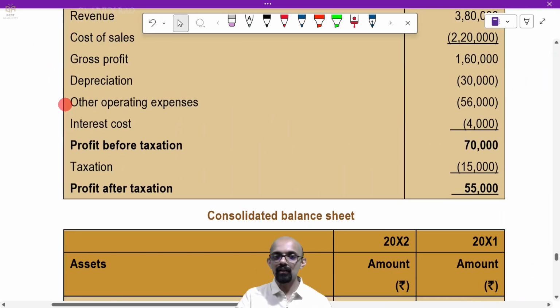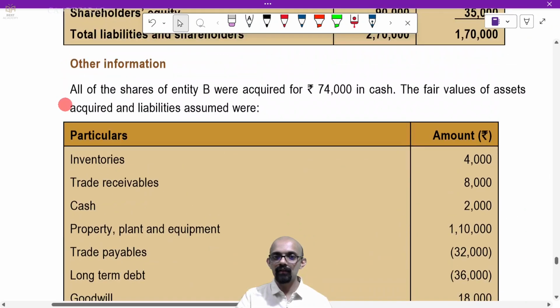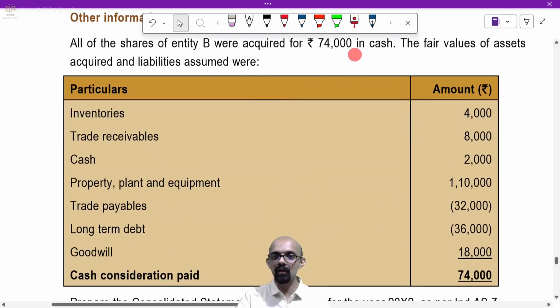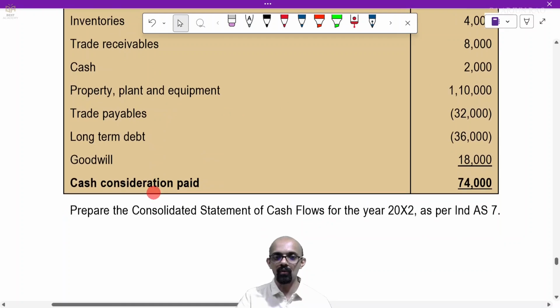So they have given the consolidated P&L, and then if we come down, these are the net assets acquired. They are acquired for 74,000 in cash. These are the net assets: inventory, trade receivables, cash, then property, plant, equipment, trade payables, long-term debt, goodwill.